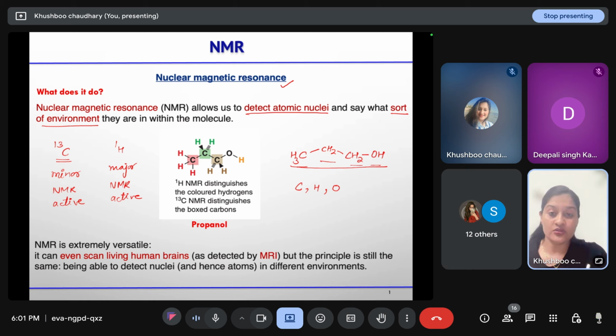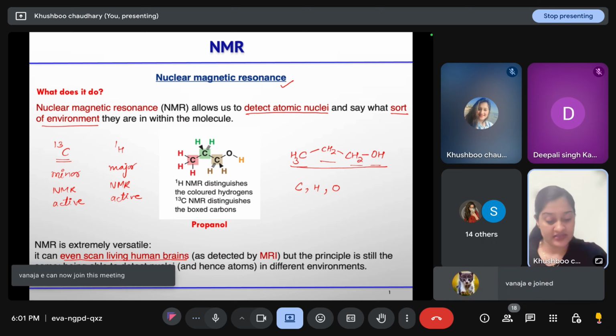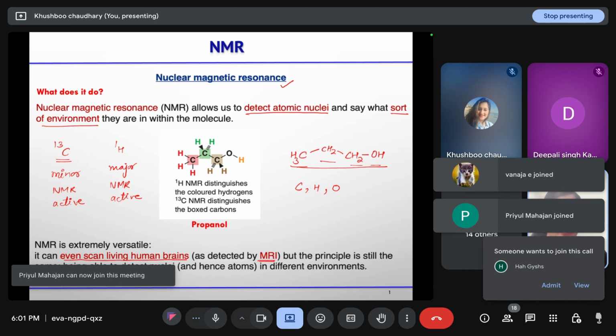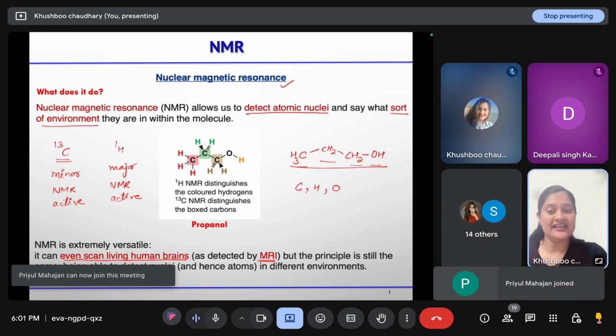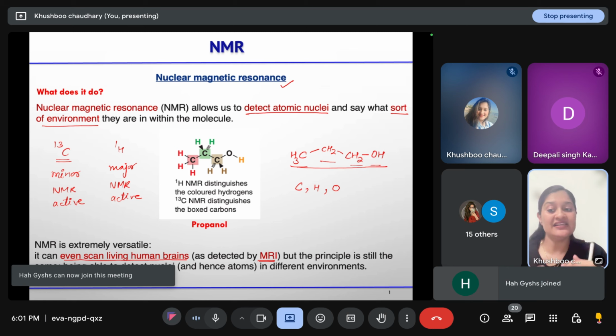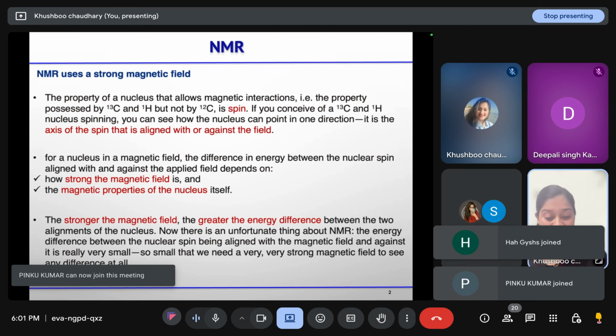It is not only for molecules; we also use NMR for scanning even living human brains. You all must have heard about MRI. That is also an NMR technology in which, rather than detecting the atomic nuclei present in a molecule, we scan human brains.